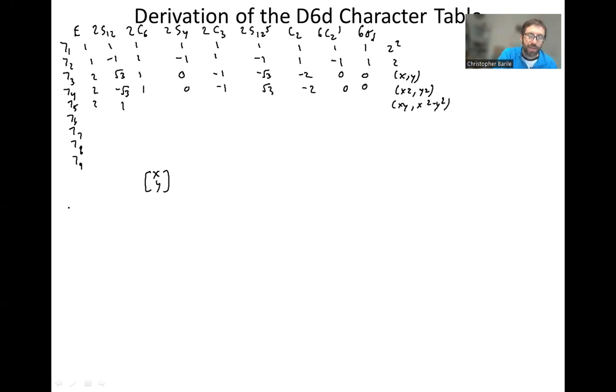Now we're doing the C6 operation. We know that x, y, and x squared minus y squared transform together. So we just go straight along here. And what we're going to end up seeing is that if we had kept what we had previously done on the previous slide that I erased, constant, we would have, if we kept it in generic terms.